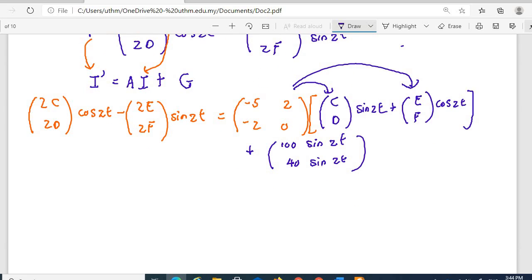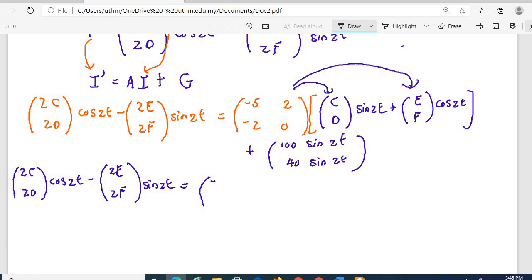In the left hand side, you just copy it down: 2c, 2d cos 2t minus 2e, 2f sin 2t equal to the matrix A times, I do it slowly, negative 5, 2, negative 2, 0, multiplied by CD sin 2t.